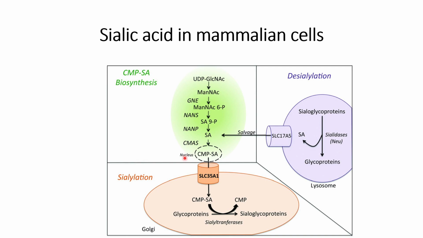That will prevent CMP sialic acid formation, and thereby further attachment of sialic acids to the glycoproteins will not occur. The next is knockdown of SLC35A1. What people have found is that knockdown of SLC35A1 will prevent the CMP sialic acid from reaching the Golgi.